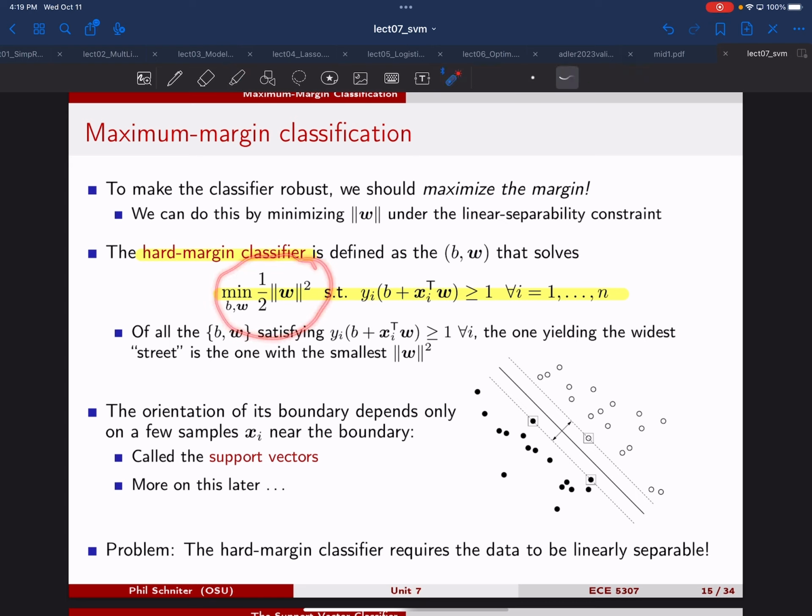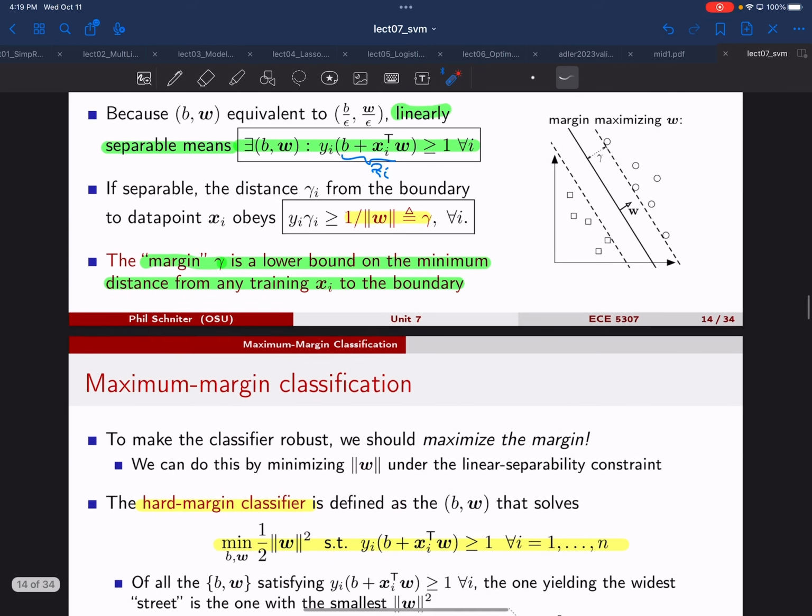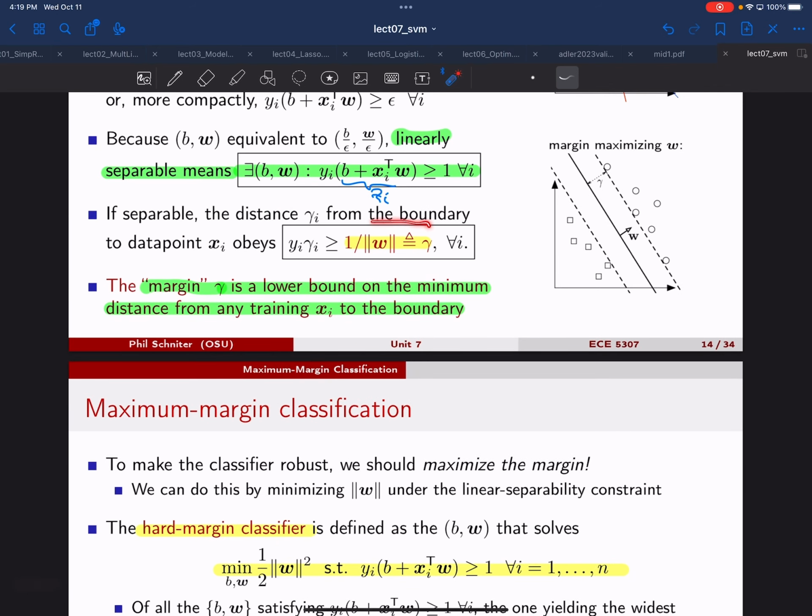Minimize. Okay, the 1/2, you can see that that's just there for nice derivations. And the squaring here is also there to make the derivation easier. But you can essentially see this term is trying to minimize the norm of W, because we said minimizing the norm of W is maximizing the margin. That's what we want to do.